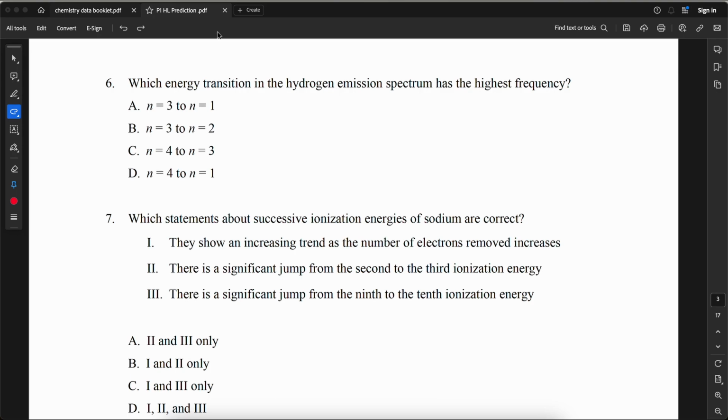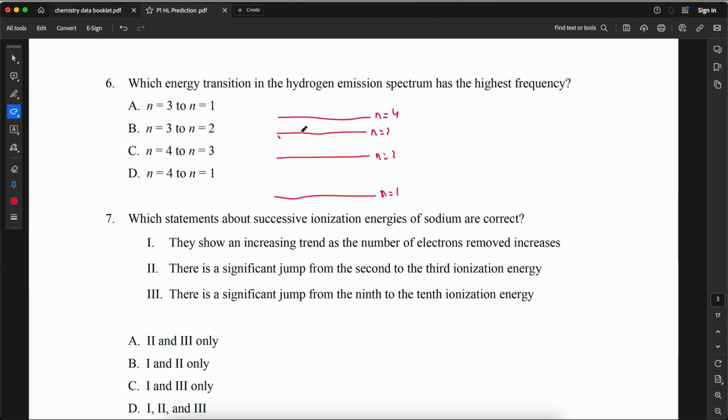Which energy transitions in the hydrogen emission spectrum has the highest frequency? Let's check for these A, B, C, D options. N equal to 1, and then this one N equal to 2, and then this one N equal to 3, and this one N equal to 4.